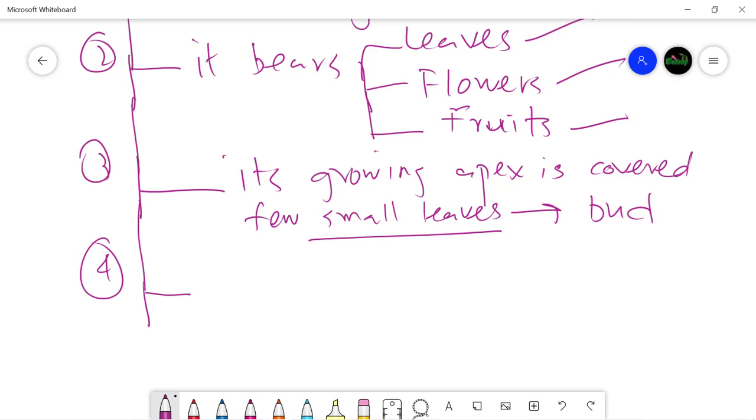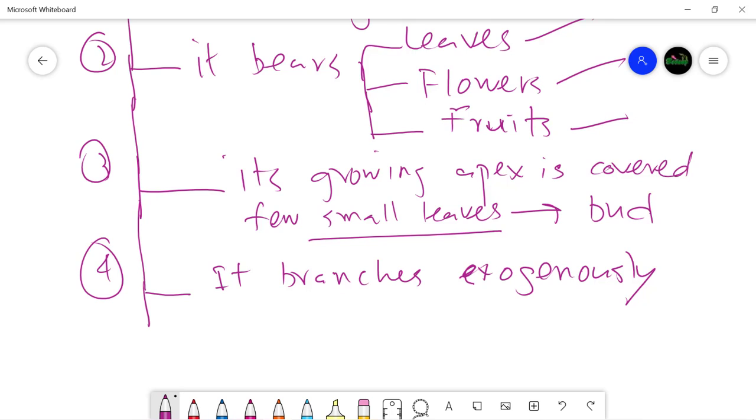And finally, the branches which arise from the shoot are exogenous in nature. That is, the shoot branches exogenously, as we shall study in the anatomy section, the formation of branches in the stem and the root. In the root, the branches arise endogenously, that is from within the tissues, whereas the branches of the shoot arise exogenously.